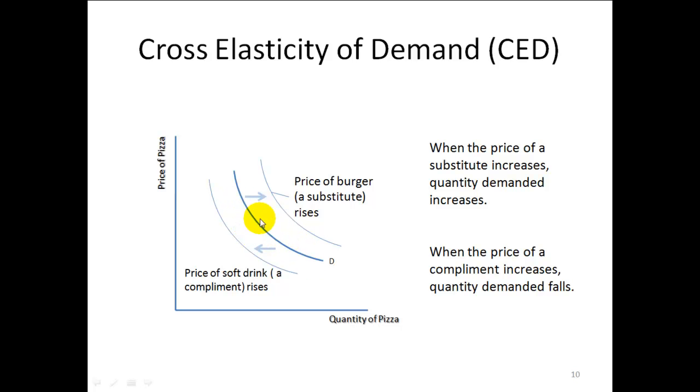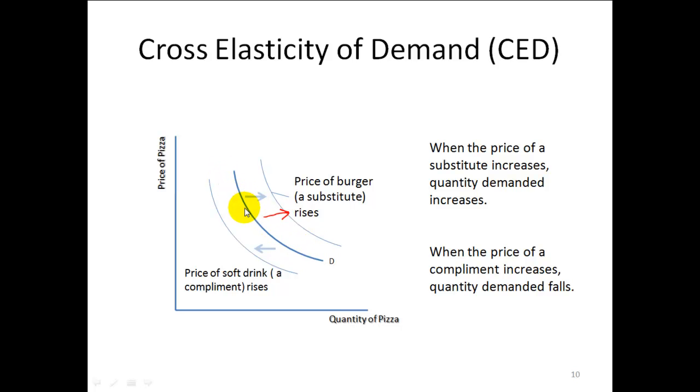What happens if the price of a substitute, let's say burger and pizza are substitutes, so if the price of a burger goes up, what will happen to the demand for pizza? The answer is the demand for pizza will shift to the right. Now this brings another important point. Remember, I had mentioned earlier that you move up and down the demand curve if the only thing changing is the price of pizza.